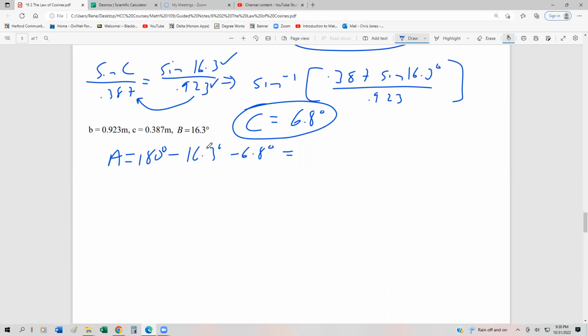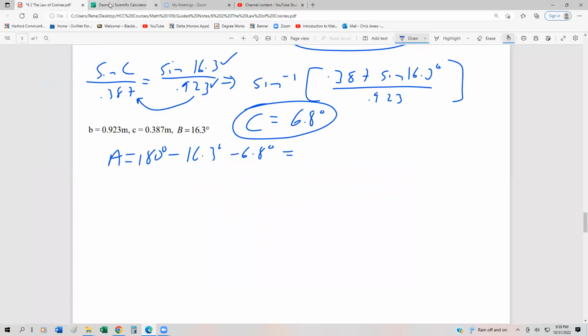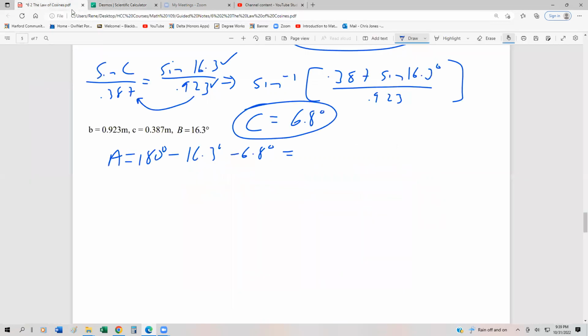So 180 minus 16.3 minus 6.8 degrees is 156.9.